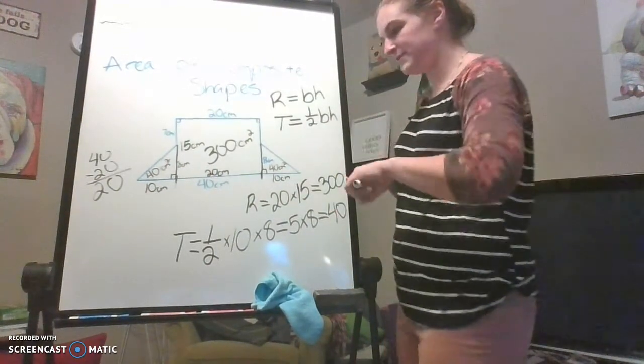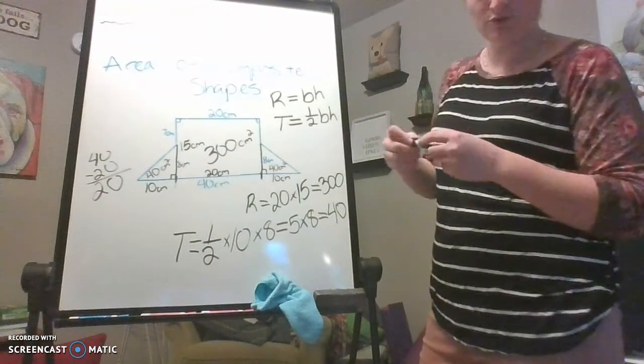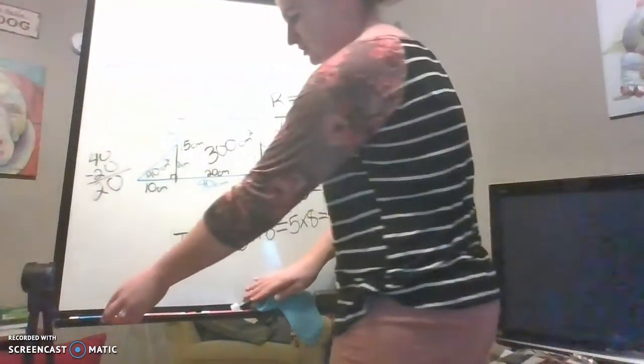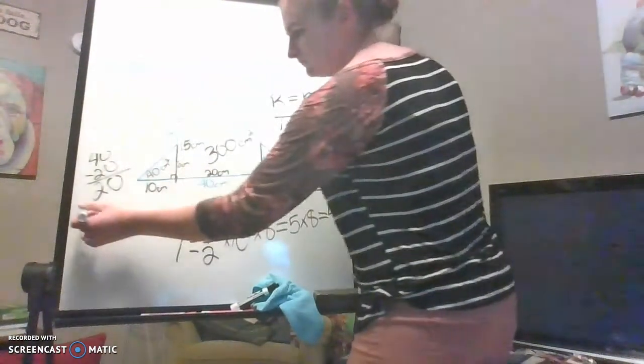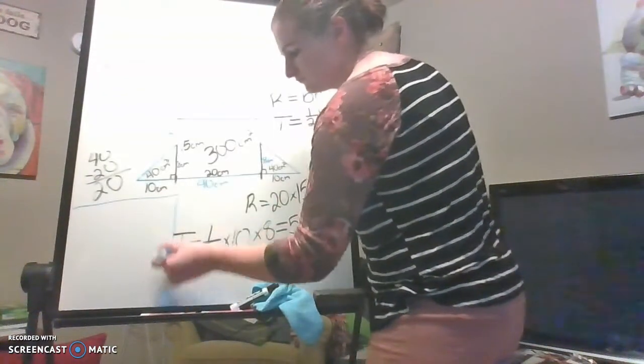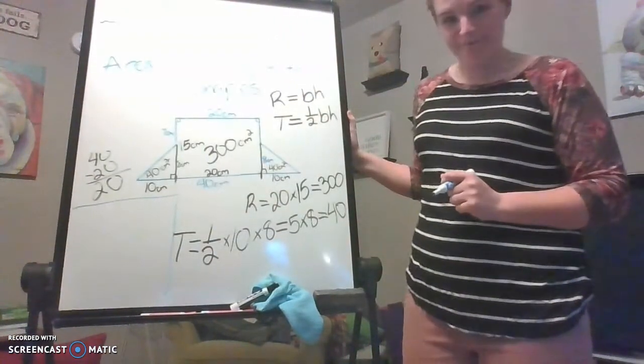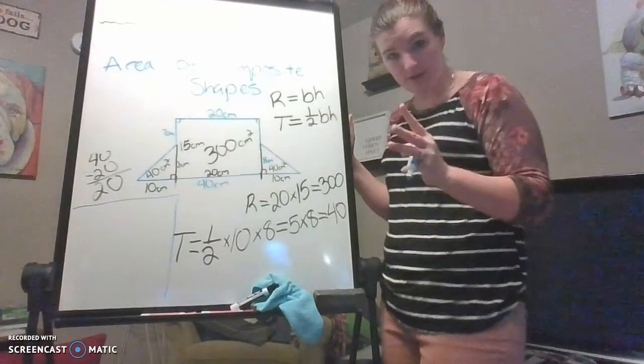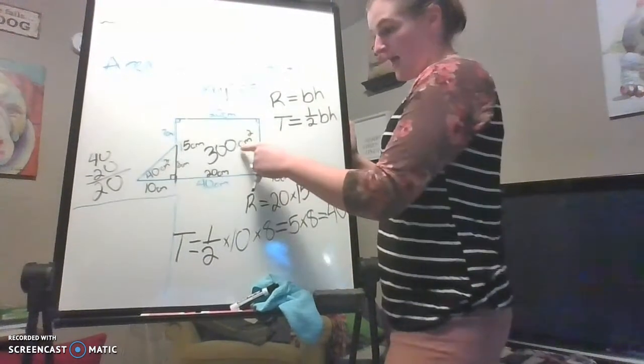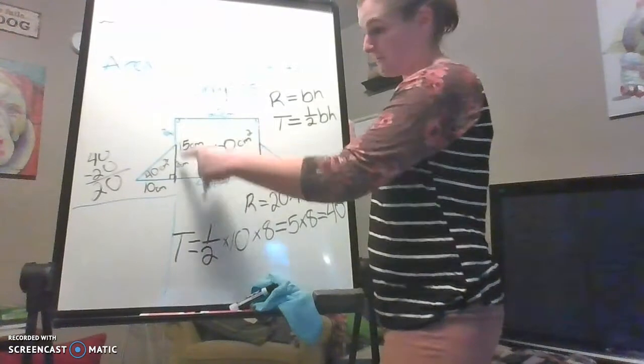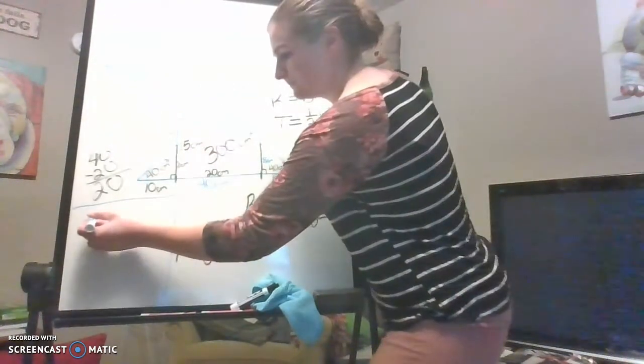Awesome. We're almost done. I'm going to switch to blue now to do my final calculations over here. So I found the area of 3 parts that I broke this into. I have the 300 in the big rectangle in the middle.